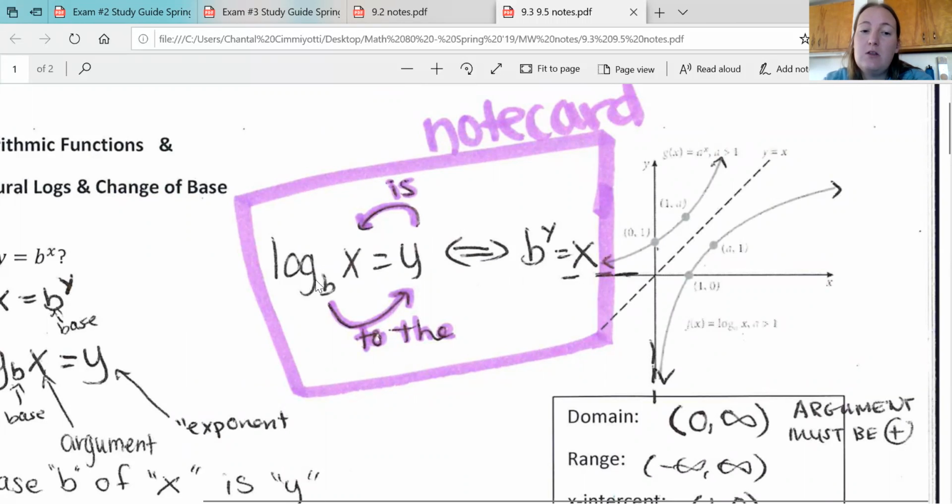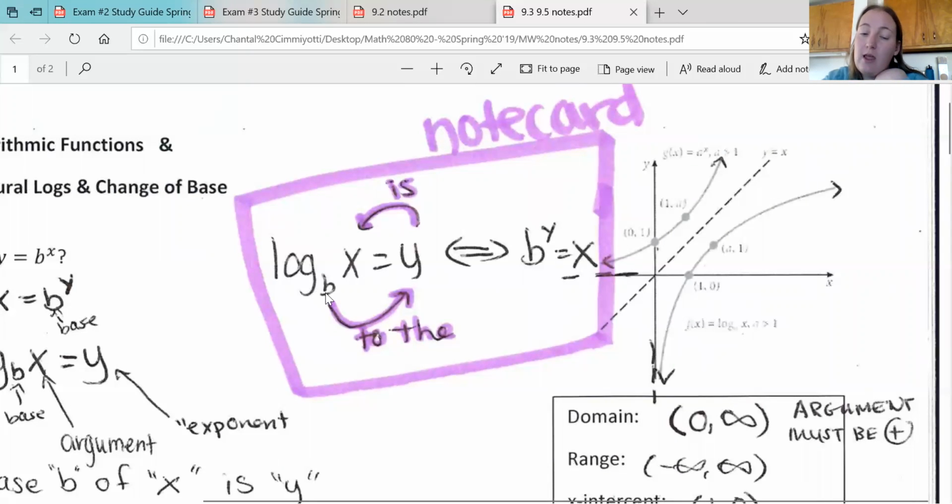So this is the little subscript, lower and smaller, the base, and the idea is that you're trying to solve for your exponent. And so that is why it's equal to that. And then your argument is what the exponential would have been equal to.